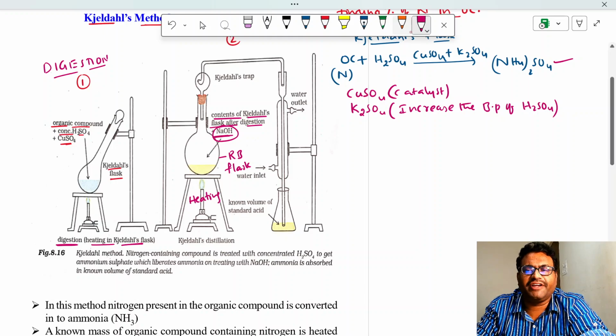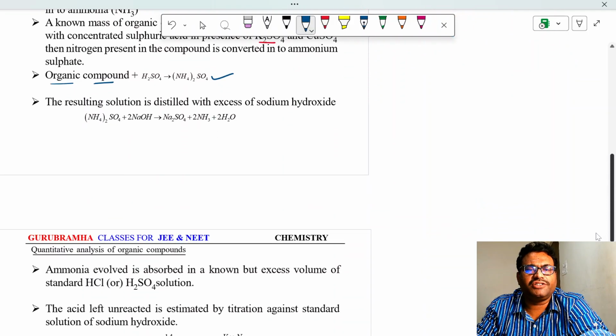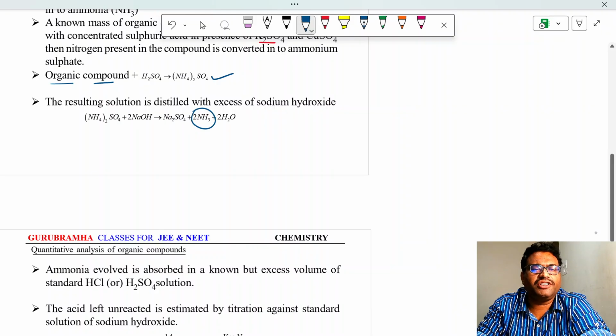This ammonium sulfate, on heating with the NaOH, releases NH3. NH3 is released.